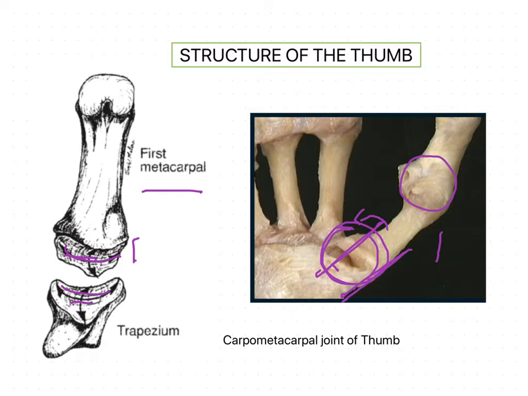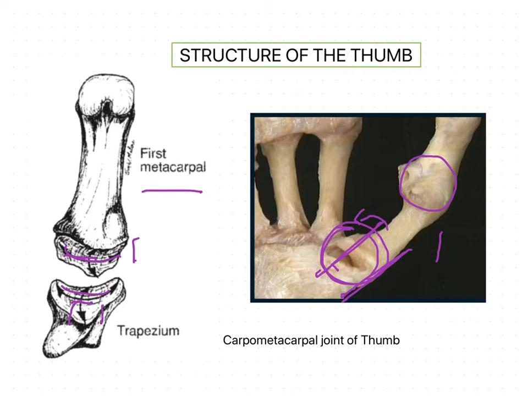Some of the studies done by Giancoli and associates described these saddle-shaped surfaces, and they also found a spherical portion located near the anterior, radial tubercle of the trapezium.